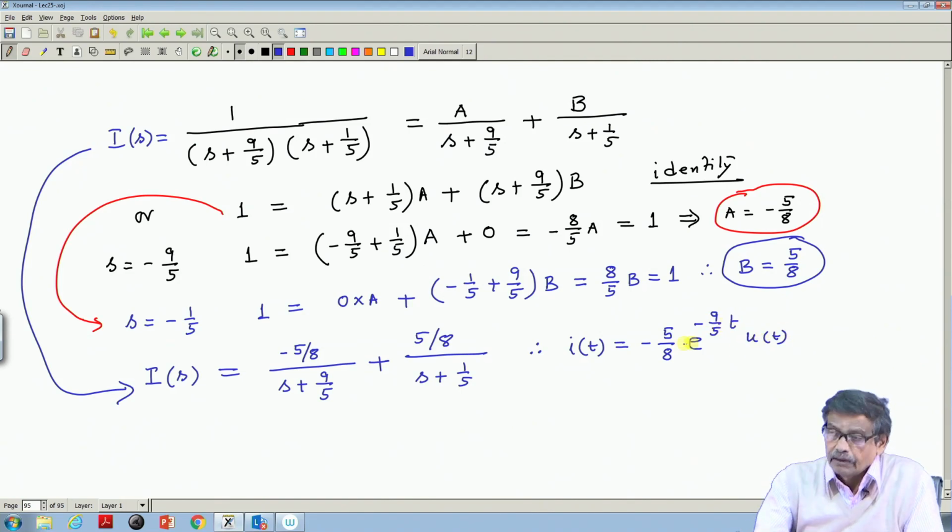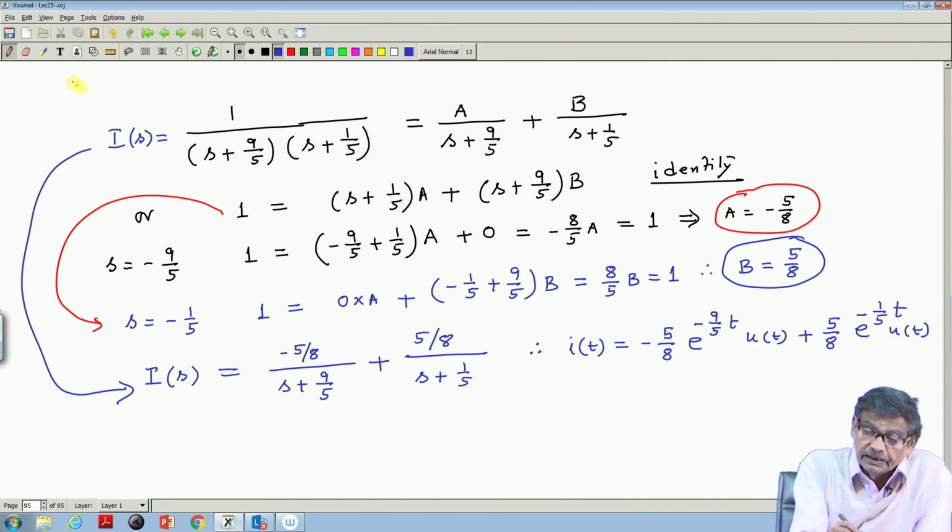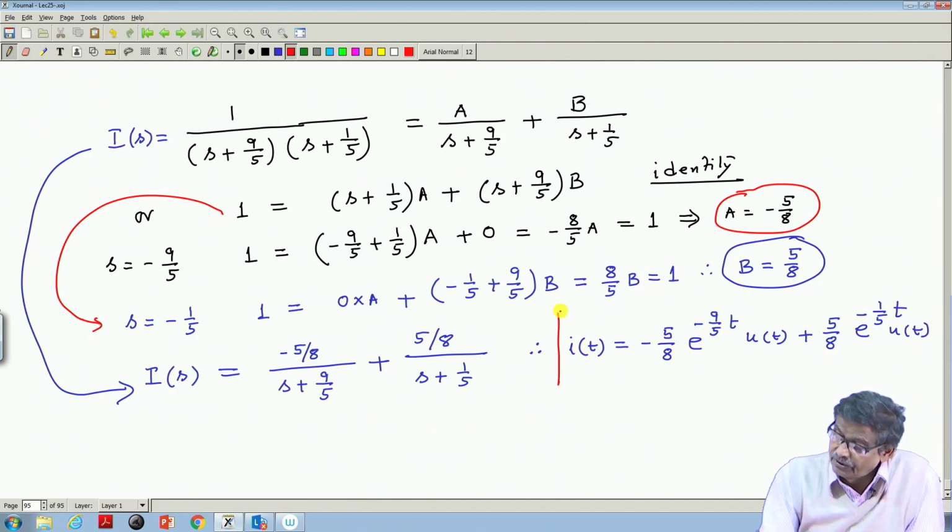Mind you, all our Laplace transforms are causal functions, one sided, and this will be plus 5 by 8 into e to the power of minus 1 by 5 t into u(t). So, this will be the answer for the current. So, I have solved for the current.